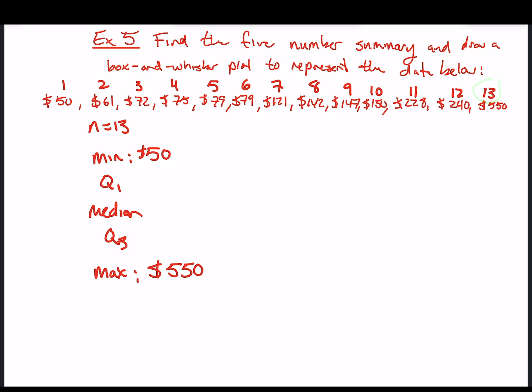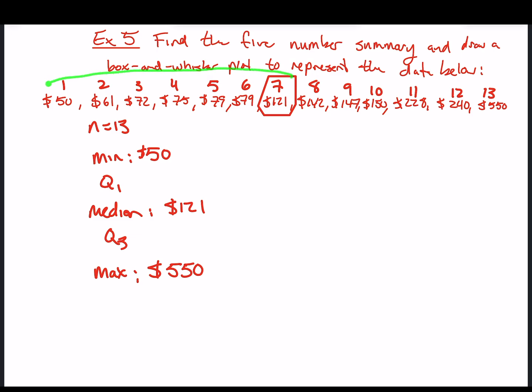Okay, and our median, we have 13 total values. So we look for 13 plus 1 over 2. 13 plus 1 is 14 over 2. So the seventh value is going to be the one that represents our median. Okay, so our median is 121.